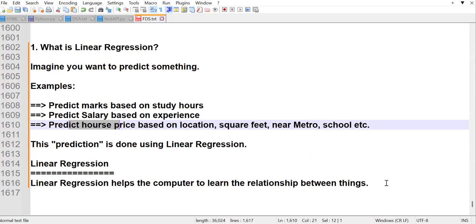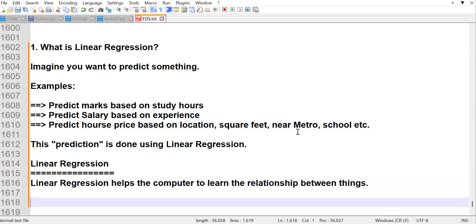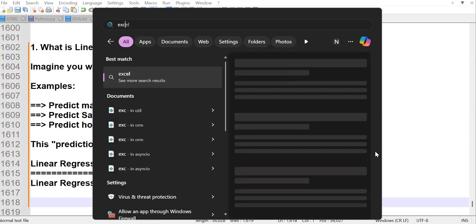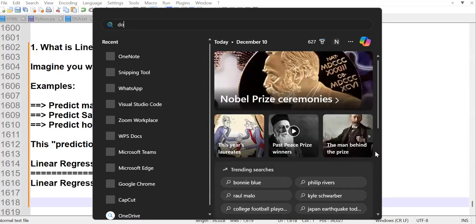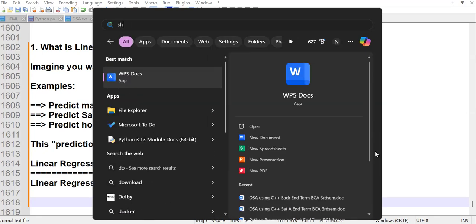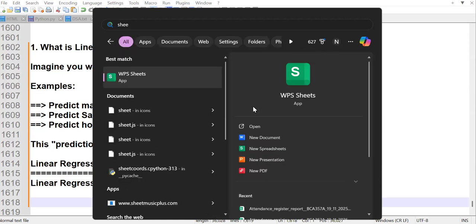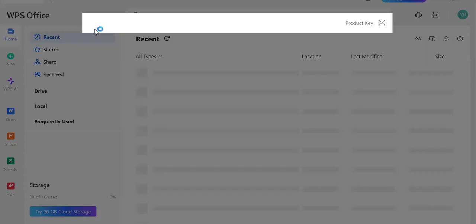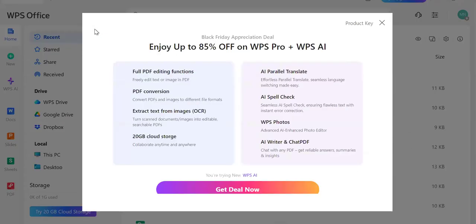Here you will see one more thing, but before this, let me give you one example. Let me open Excel here. I have this sheet software, but you can also open Excel, no worry about it.